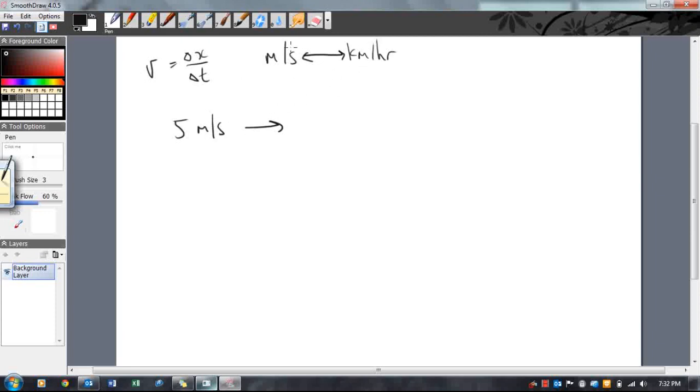It's 1,000, so you'd need to divide by 1,000. So it'd be 5, divided by 1,000. And for seconds, to get hours into seconds, you'd need to multiply by 60 and then by 60. Okay, so you get something like that.